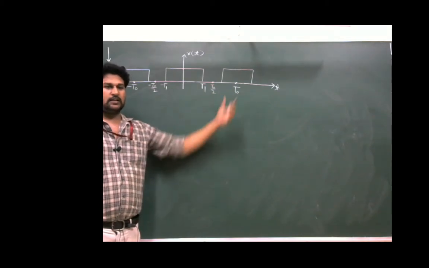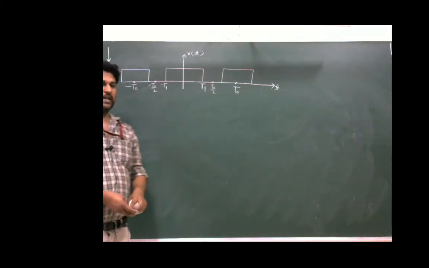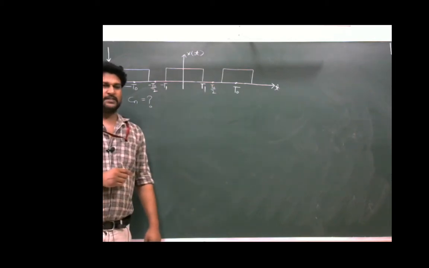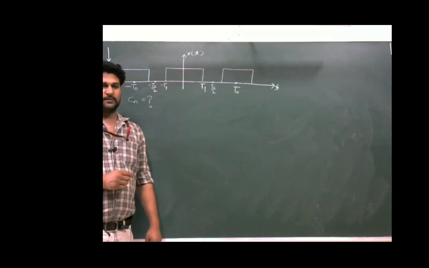For this signal, we have to determine the complex exponential Fourier series coefficient Cn. After determining the Cn, we can find the Fourier series expansion in the form of complex exponentials.